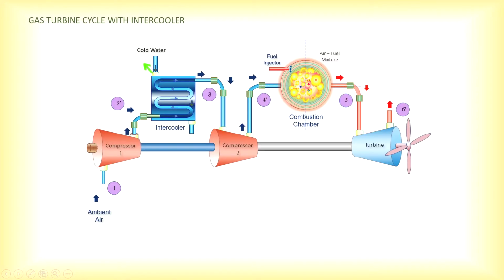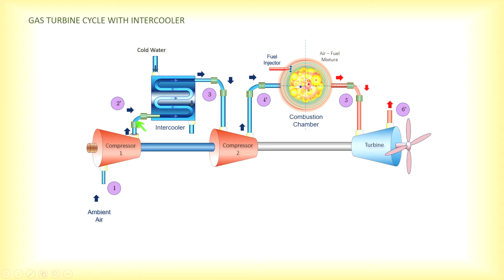So gas turbine cycle with intercooler. So this diagram which I have drawn, okay, you can see the compressor here. We have two stages. One is the high pressure compressor, the other one will be the low pressure compressor. So what happened is air will be taken into the first compressor where it undergoes isentropic compression.